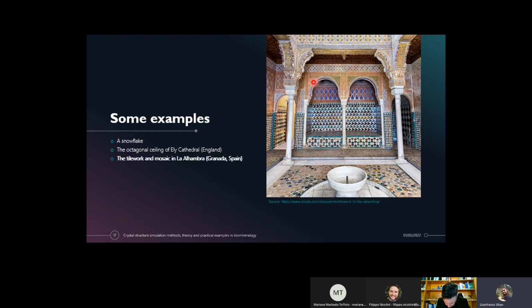Also, obviously, we have the tile work and mosaic in La Alhambra, this castle in Granada, Spain. We can see here patterns that are regular repetition of objects on lines and areas.